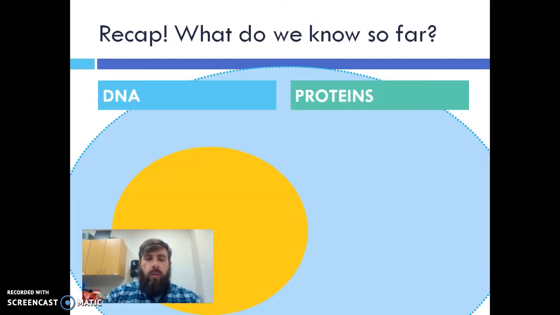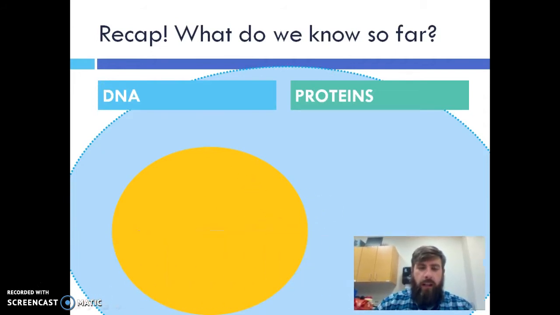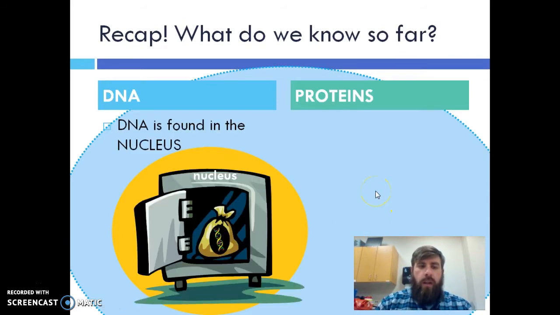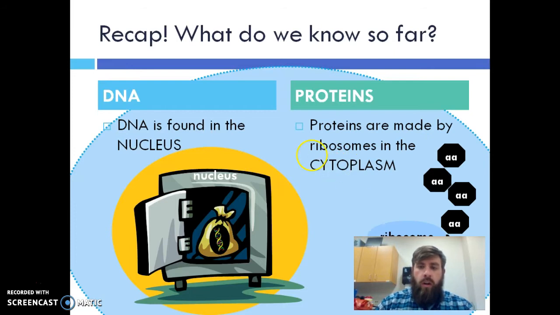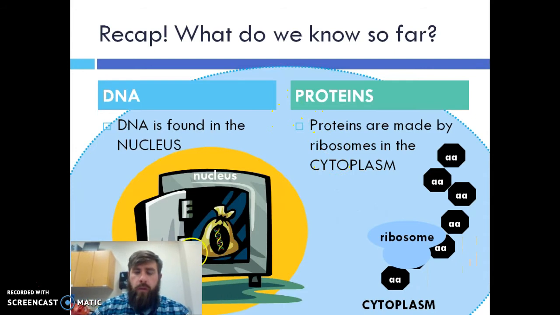Here's a recap from way long ago. This is not an egg in a frying pan, but this is representing our nucleus. We know that in our nucleus, we have DNA, and that DNA is locked away in the nucleus. We want to protect our DNA because if damage is done to it, that wouldn't be good for us. We know that proteins are important, and that proteins are produced by ribosomes, either found on a rough endoplasmic reticulum or free-floating in the cytoplasm.